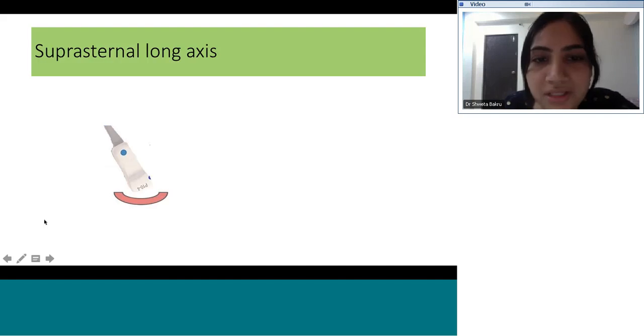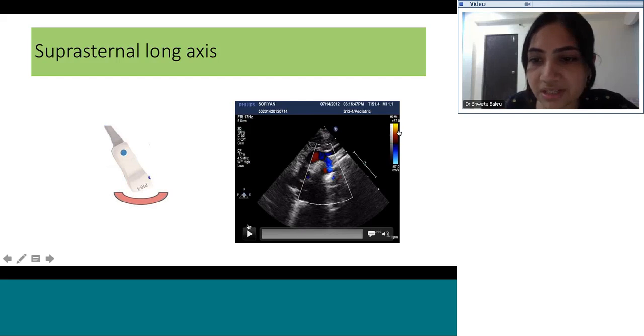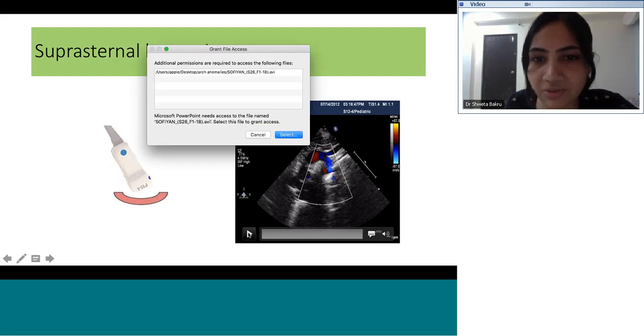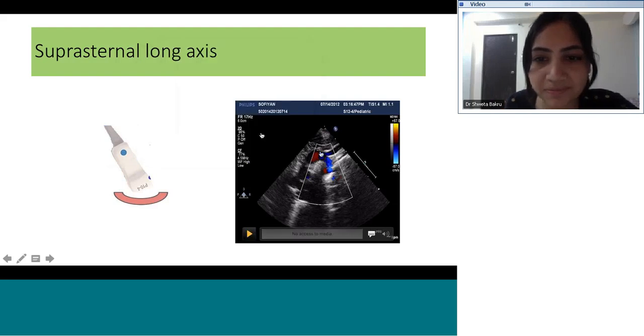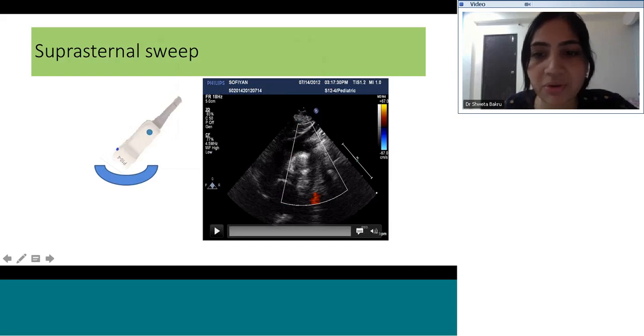So this is a suprasternal long axis view and you are seeing this kind of picture. We are seeing the arch here. Can everybody see the arch? That's how we see the formation of the arch. And then I have reversed my probe position, and again there is a formation of the arch.